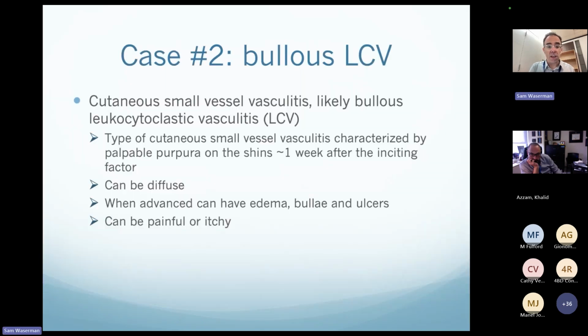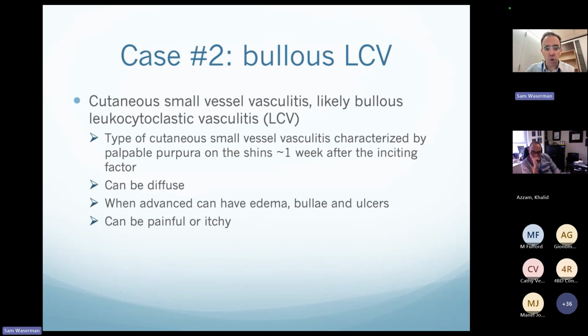So this is a cutaneous small vessel vasculitis, likely bullous leukocytoclastic vasculitis. It's a type of cutaneous small vessel vasculitis that's characterized by palpable purpura on the shins, approximately 1 week after the inciting factor.